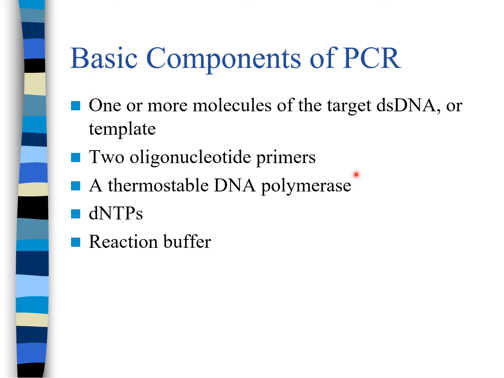The Taq polymerase is the worker who's going to carry the bricks, the dNTPs. And this worker cannot survive without food when he builds a house. The reaction buffer is the food. It contains the right pH and the salts that are critical for the enzyme to function.